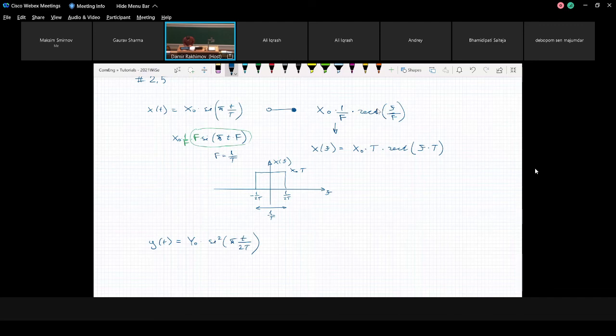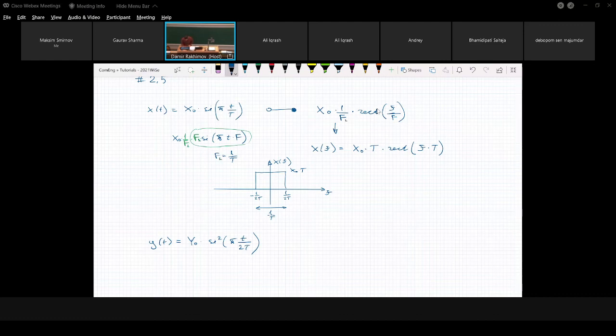Just rewrite this signal as capital Y0 times 2 capital T. No, let me write it in terms of f. I will name the first replacement as f1 in the expression above.